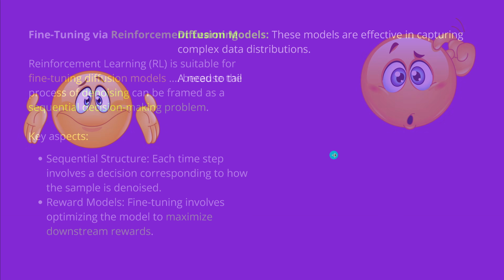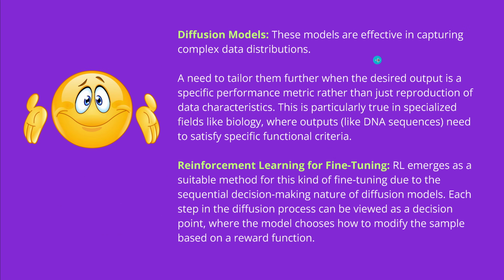So, isn't that beautiful? So remember, we choose diffusion models over our classical transformer models because they are more able to capture complex data distribution. And there's a need to tailor them even further when the desired output is a specific performance metric rather than just a reproduction of a data characteristic.